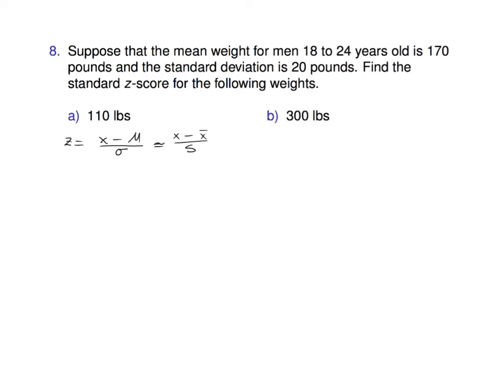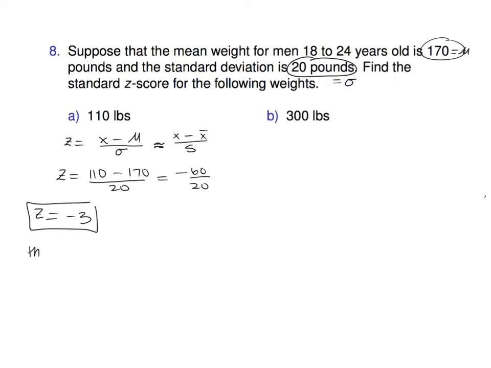But we're told the true mean, that's our mu, Greek letter for m, and standard deviation, sigma, Greek letter for s sound. So we have 110 minus 170 over 20, which is negative 60 over 20 or negative 3.